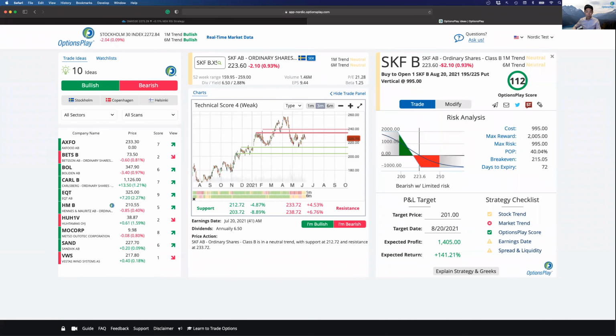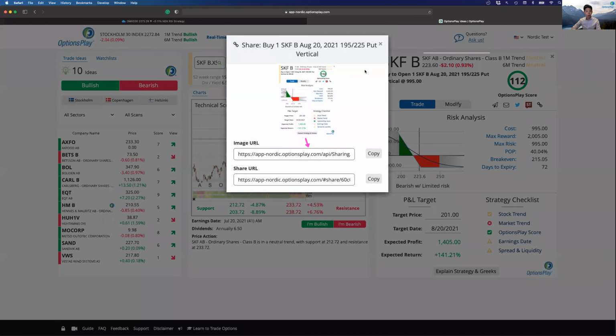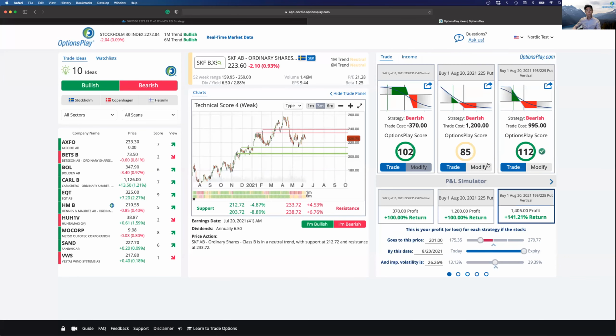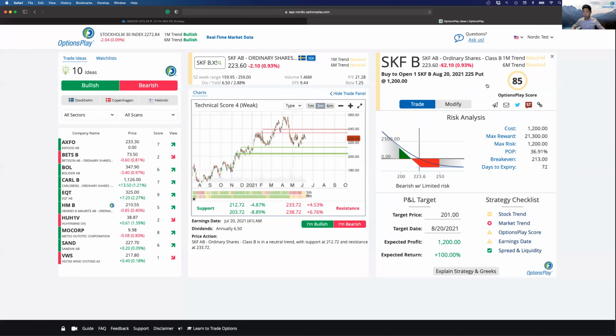So for that, I'm going to save this debit spread, and then let's just look at what happens if this really starts to fall apart. Let me close this out. Let's say it falls apart, breaks below the neckline, and starts to decline down to maybe 176 or so. Now I do think it probably is going to take a little bit more time for such a big move to materialize, but in this world, you never know.